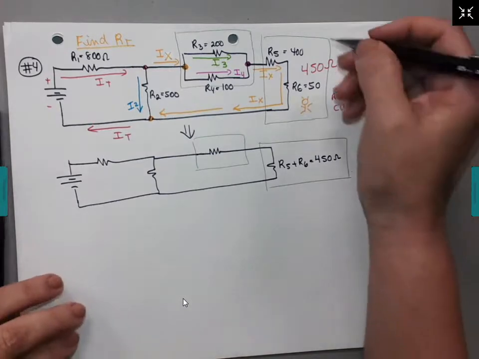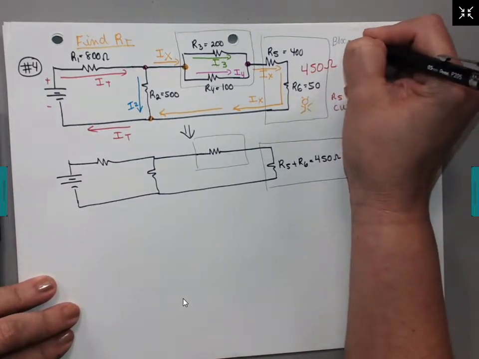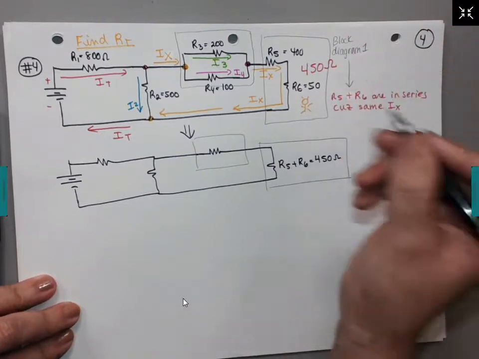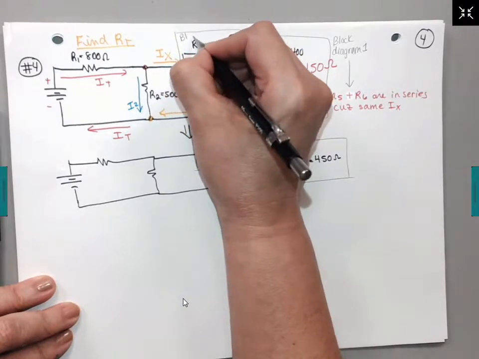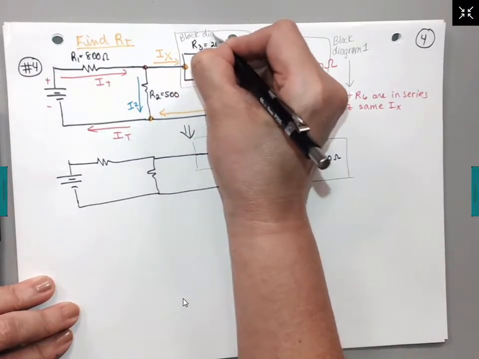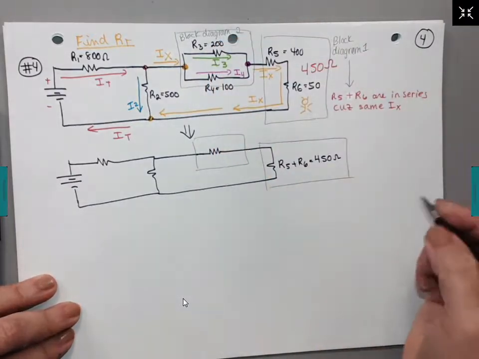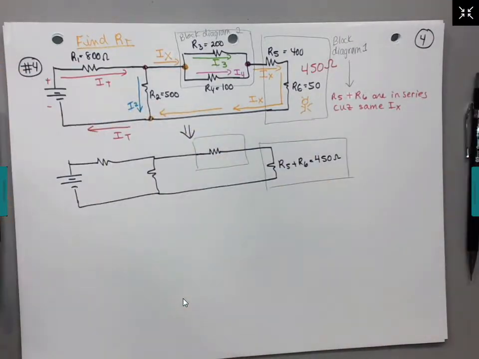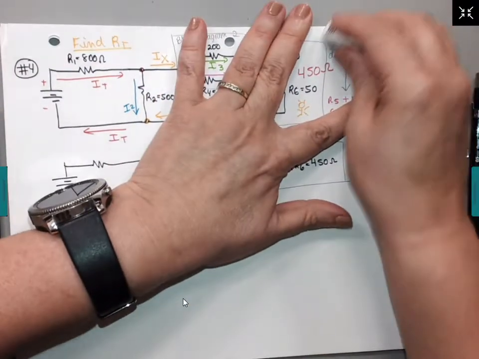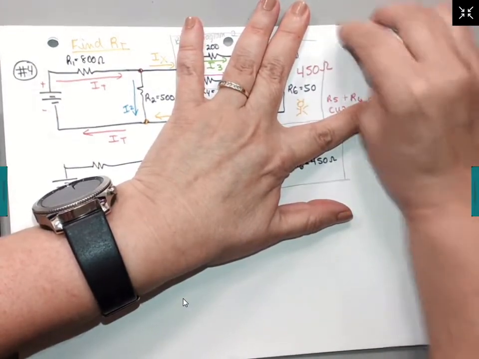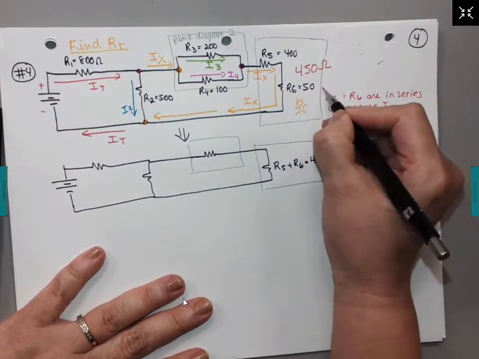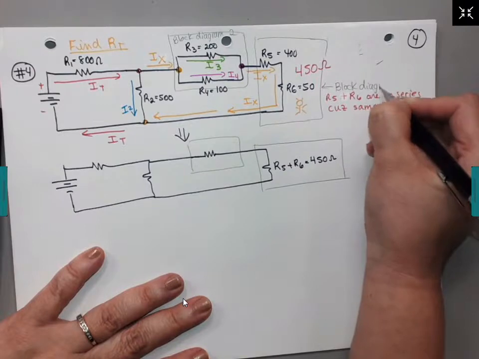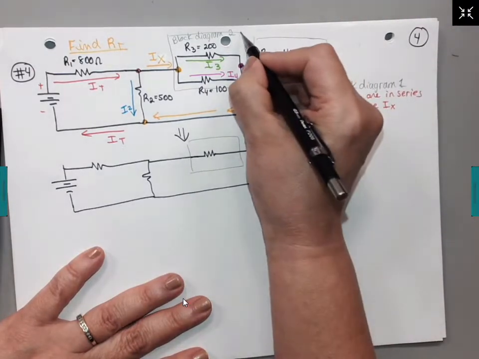So this is block diagram 1, and block diagram 2 is right here.